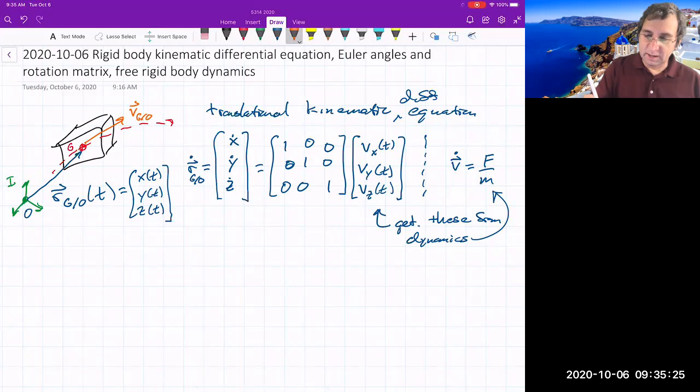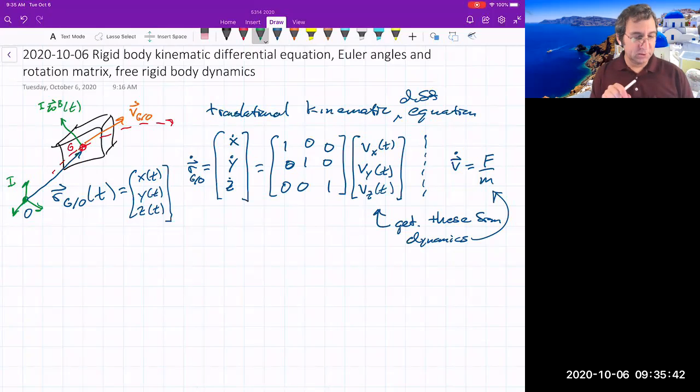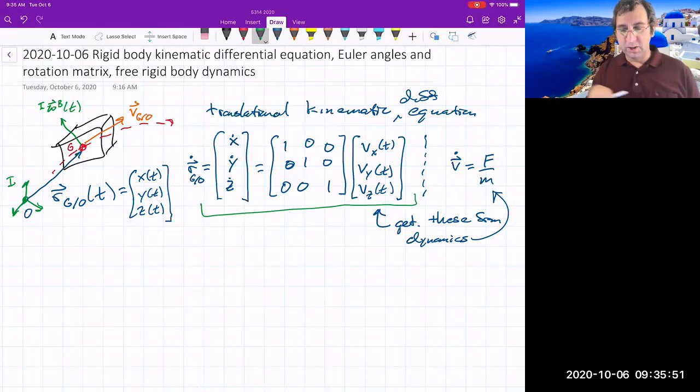We've also got an angular velocity, how some body fixed frame is instantaneously spinning with respect to an inertial frame. That's going to be changing in time. So we want to go from this angular velocity to angular coordinates, just like in the translational kinematic differential equation, we're going from the translational velocity to translational coordinates. And it's just not as straightforward.